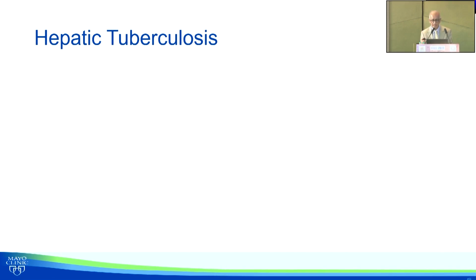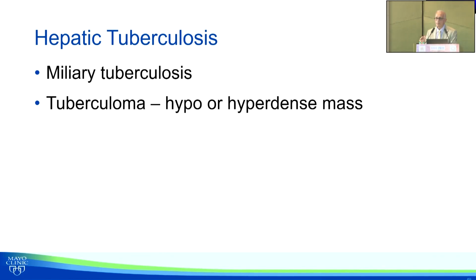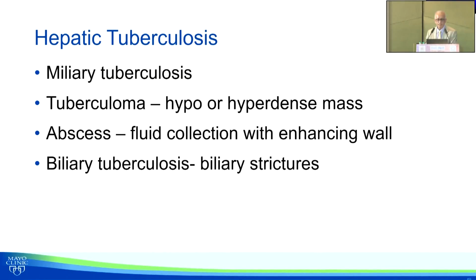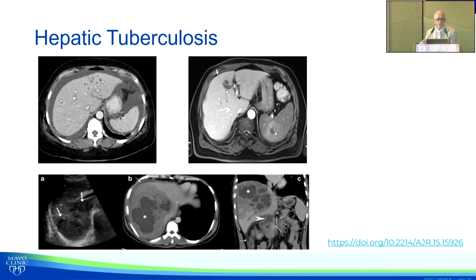So this is hepatic tuberculosis, okay? So hepatic tuberculosis can be miliary, it can be tuberculoma, it can be an abscess like this, and there's biliary tuberculosis. So this is what you need to know about tuberculosis.